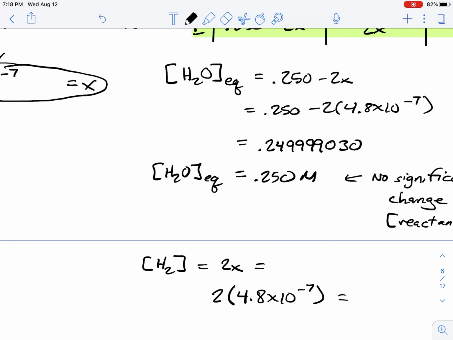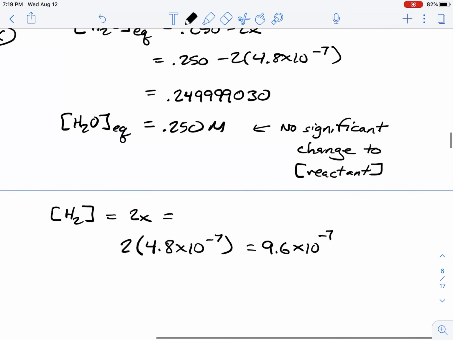So let me plug that in, which is going to be 9.6 times 10 to the negative 7. So 9.6 times 10 to the negative 7 is significantly greater than 0, but obviously it's still times 10 to the negative 7, so it's not really a lot. But compared to 0, it's much greater.